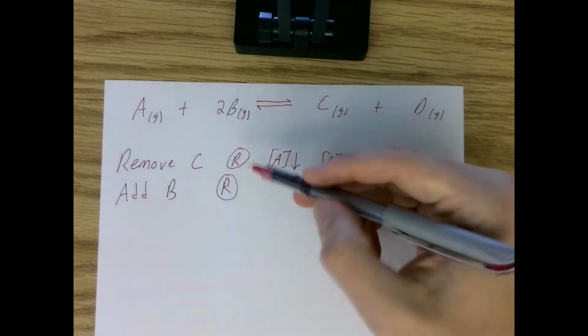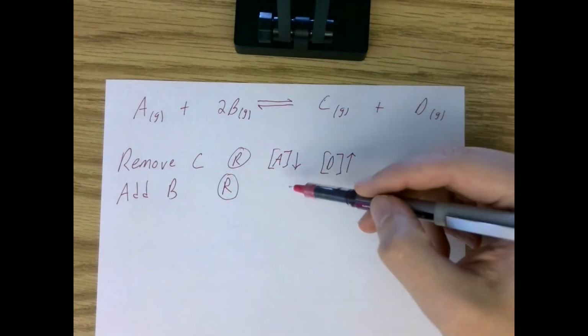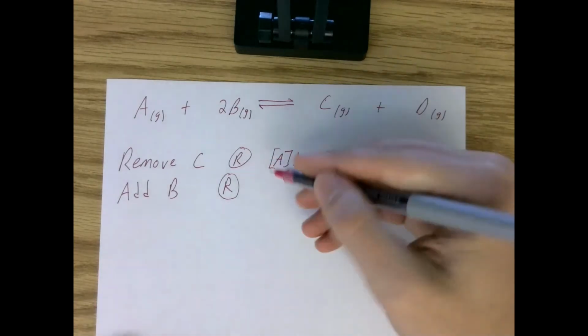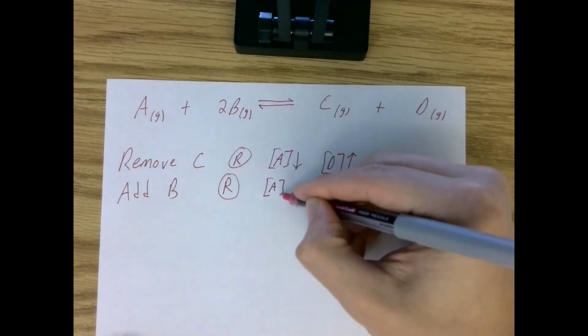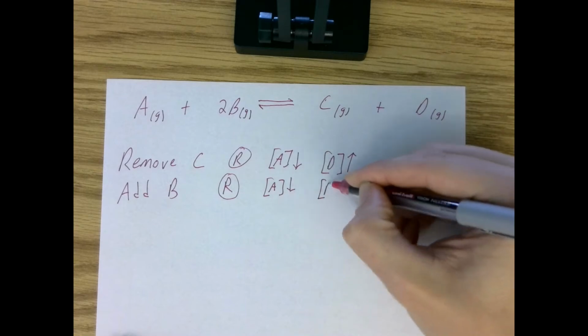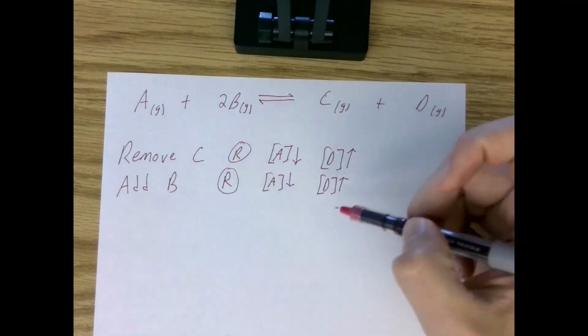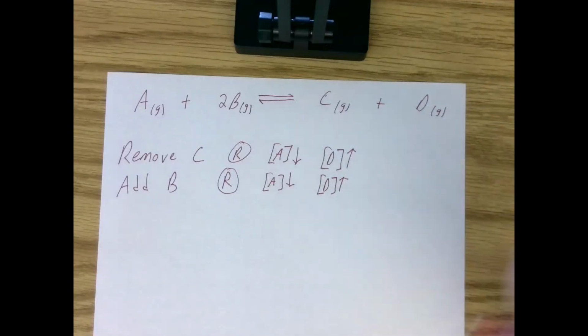So if this also shifts to the right, does it have the same effect on A and D as the previous one? Yeah. So it also decreases A and decreases D. We can't comment on the extent to which it increases or decreases because that depends on how much I remove or how much I add. So we can't say by this much. It's kind of a generic comparison.